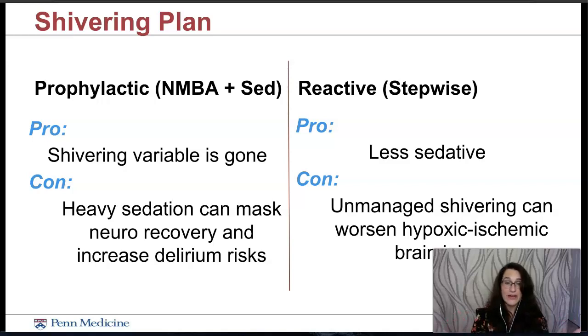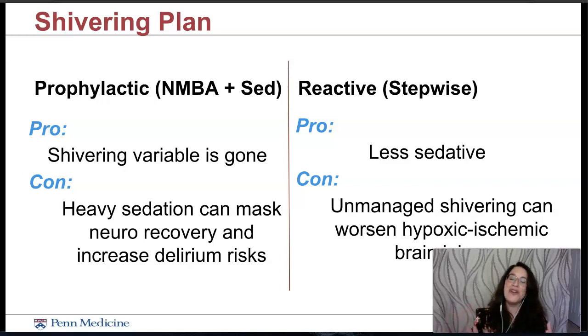The problem with that, of course, is now that we have the risk of heavy sedation or more sedation, and that can mask their neuro recovery and increase their delirium risks down the road, and all the risks of administering paralytics are there. The reactive plan, which is a stepwise plan, really advocates for less sedatives and no paralysis at the onset. The con of this is that we have to be really good at it.